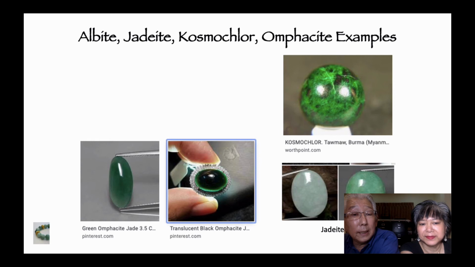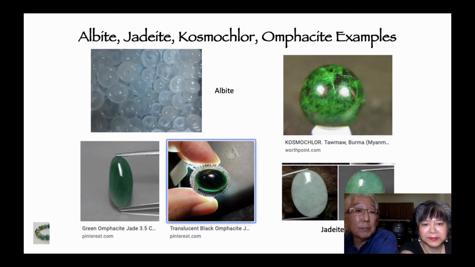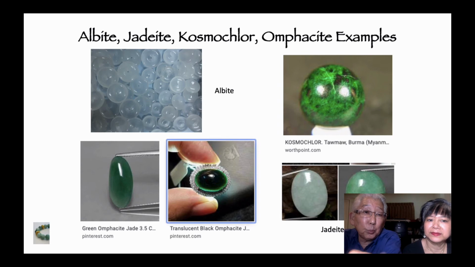Omphacite without the light in the background can look very, very black. It falls in the jadeite family, but you get to another level of detail and you have cosmochlor. And this is just albite. We went to a place and they had a whole tray of these and they charged us hardly anything. But it turns out it was albite.